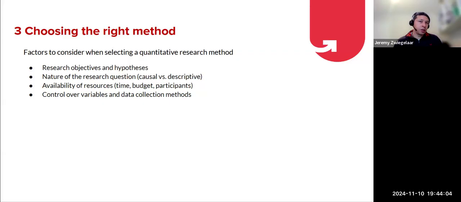So in terms of choosing the method, you have to think about what type of relationship it is. Is it descriptive or is it causal? What I mean by that is, in terms of your research question, are you looking to explain a phenomenon and test it, or are you looking to explain a future outcome by what you're collecting in the data currently?